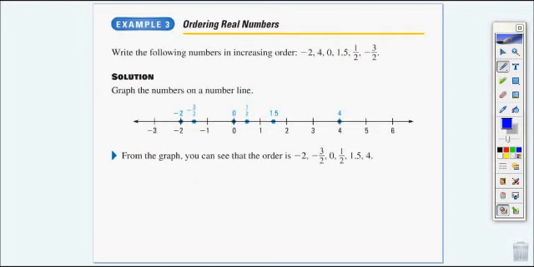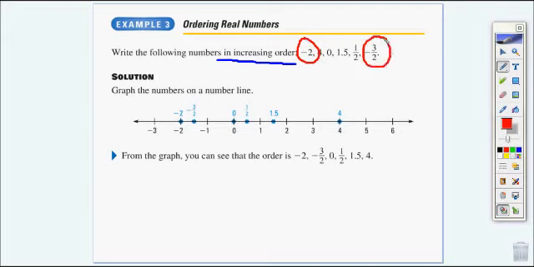So ordering real numbers, it asks us to write them in increasing order. We're going to start with the smallest and get to the largest. One thing that I want to point out is, the first thing that I would do is separate the negatives from the positives. So in this case, I'm going to make the negatives red, I have a negative 2 and I have a negative 3/2.